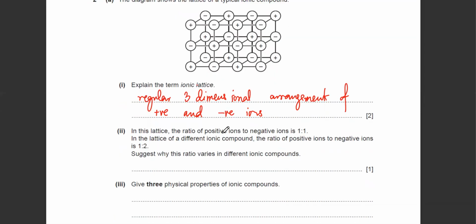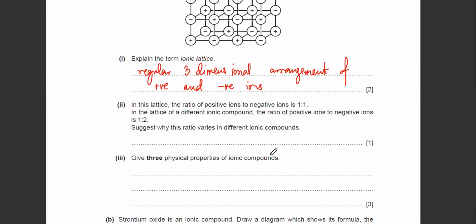In this lattice, the ratio of positive ions to negative ions is 1:1. In the lattice of a different compound, the ratio of positive ions to negative ions is 1:2. Suggest why this ratio varies in different ionic compounds. So why is the ratio different? What's the simple answer? Like in Mg and Cl, Mg is in group 2, so it loses 2 electrons. Cl is in group 7, it gains just 1 electron. So there would be 2 Cls in the lattice.